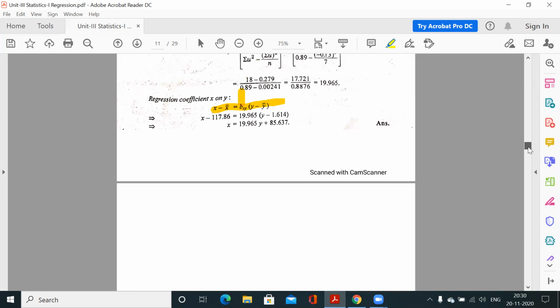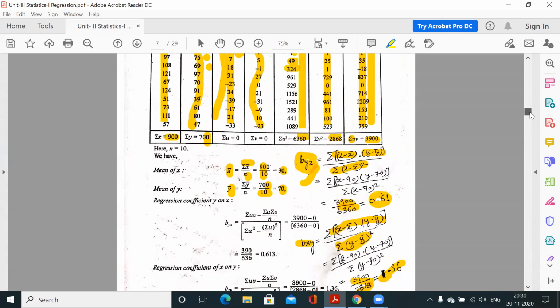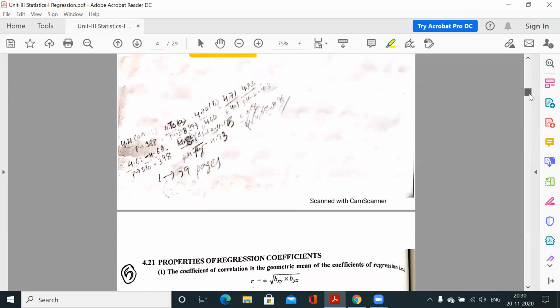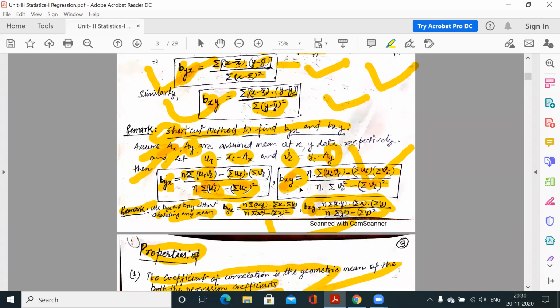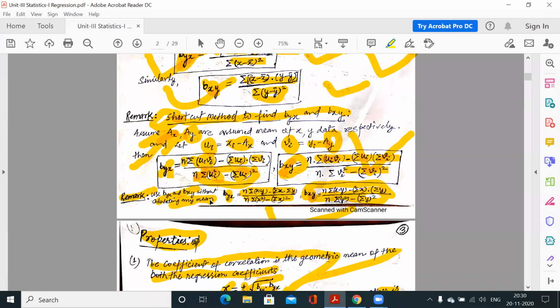It has summation xy, summation x, summation y, summation x square, summation y square, and summation y whole square.